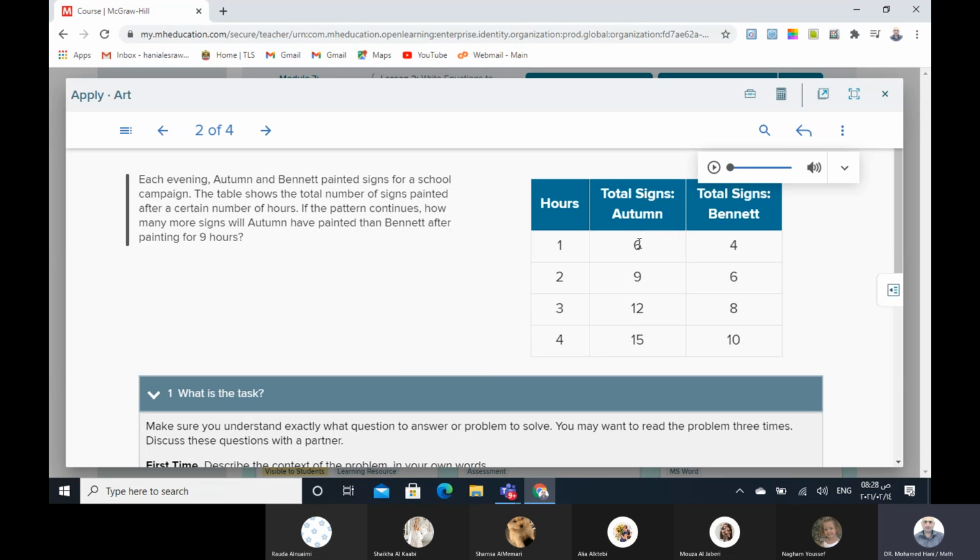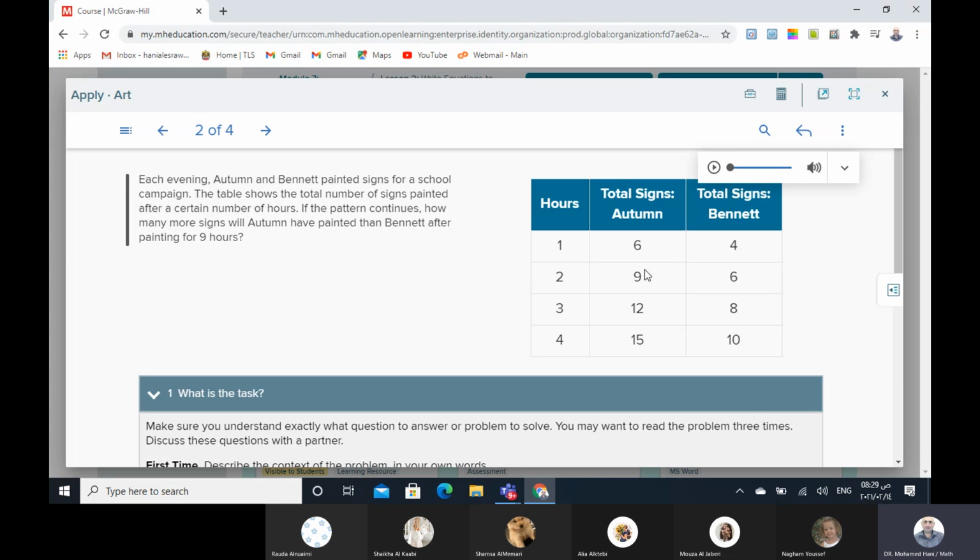As you see the pattern here, the pattern is plus 3. In Bennett's total signs, 4, 6, 8, and 10, it is plus 2.